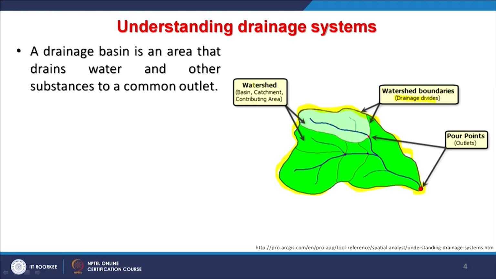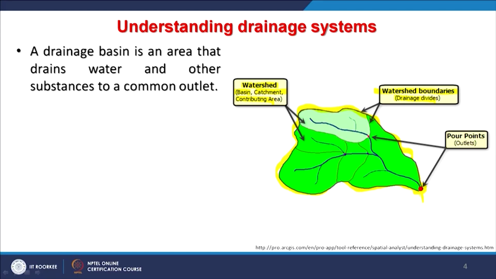Now, watershed, but at the same time we also use some other words like basin and catchment. All are contributory areas. Whatever precipitation occurs in this drainage divide or topographic high area, depicted through these watershed boundaries, whatever precipitation occurs within this boundary has to come out from this pour point or outlet.